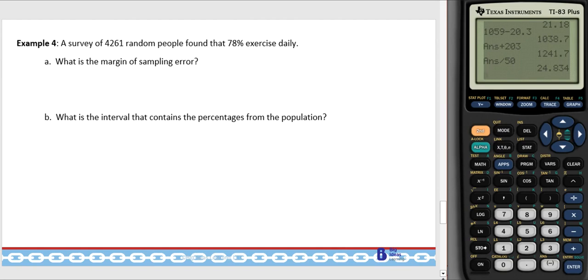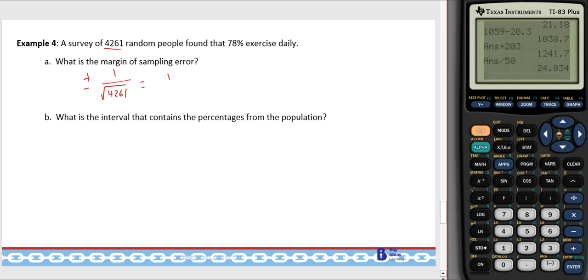So looking at the rest of these examples, 4, 5, and 6 all have this same survey, but the number of people surveyed is going to decrease. So for this first one, we would get plus or minus 1 over square root of 4,261.